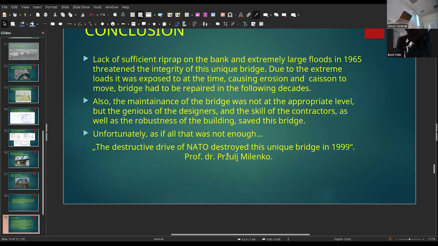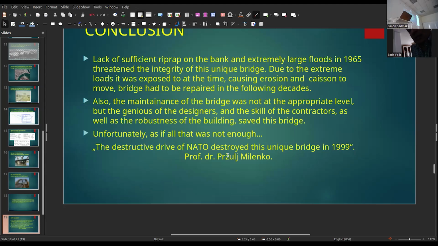Lack of sufficient repair upon the bank and the extremely large flood in 1965 threatened the integrity of this unique bridge, due to the extreme load it was exposed to at the time, causing erosion and the caisson to move. The bridge had to be repaired in the following decades.